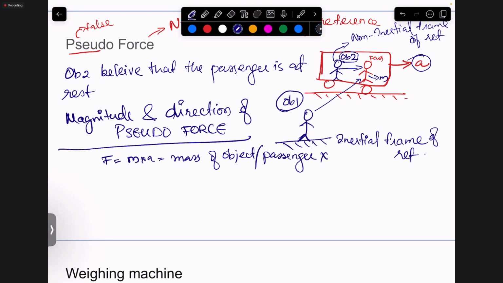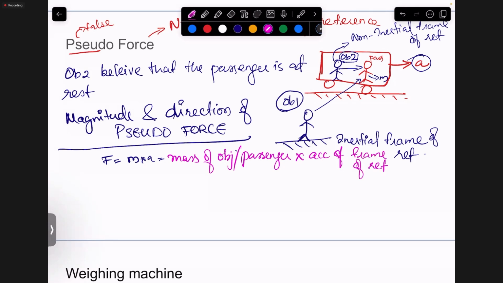So it is the mass of the object or passenger times the acceleration of the frame of reference. That is how you calculate this force for observer one.